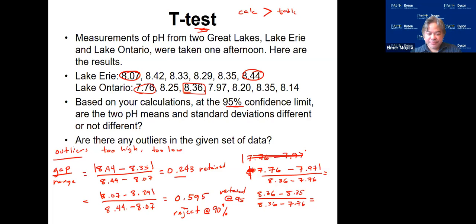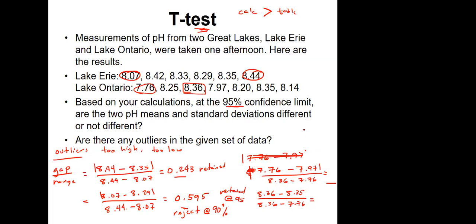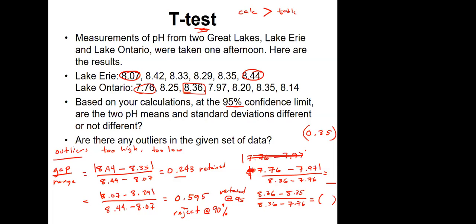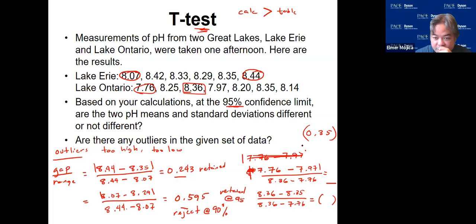So what do you get here? Anyone? I got 0.35. Now how about here? 0.0167.